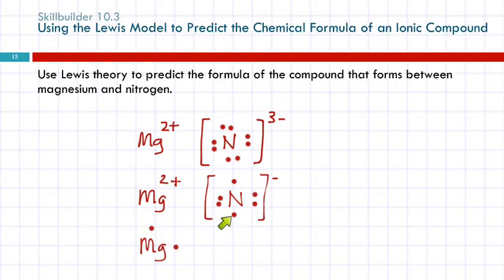This nitrogen's like, hey, I need 2 valence electrons to be happy. Could you help me out here? And this magnesium's like, sure, I need to get rid of 2 electrons to be happy, so we're all good here. So we send those 2 electrons over here. Now the nitrogen has a 3- charge, and this magnesium has a 2+ charge, and we finally came out even.